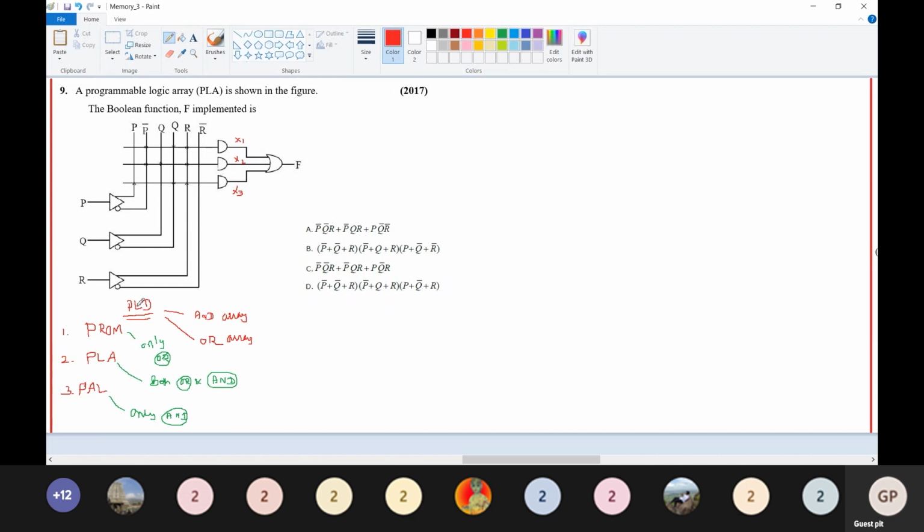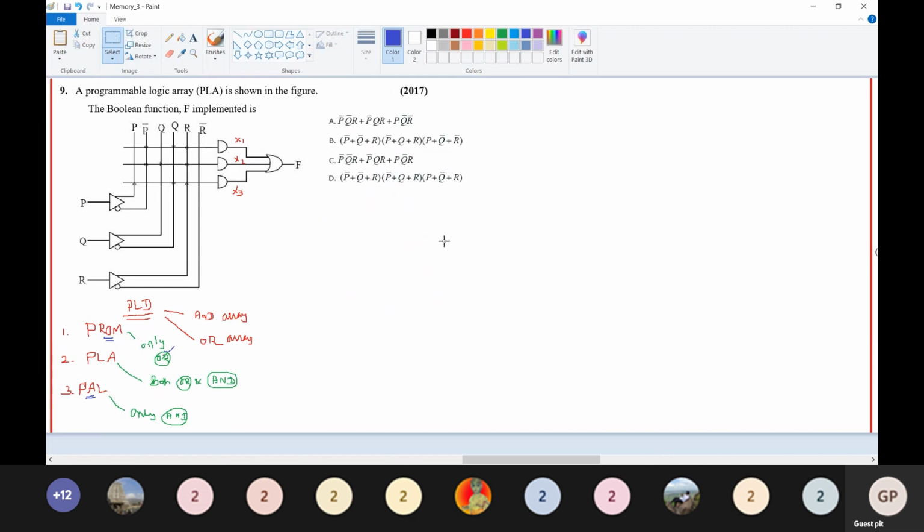You can easily remember it with this word: in PROM, the O refers to OR, and in PLA the middle letter A refers to AND, and PLA is both. So you will have a clear idea which is programmable.